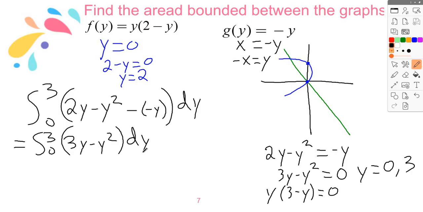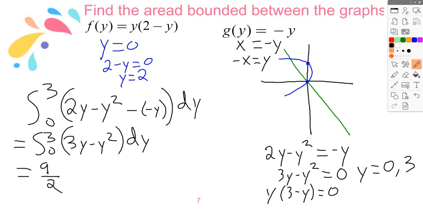Hopefully we're all okay with taking the antiderivative from that point, yes? And then plugging in 0 and 3. And if we do that, we should end up with 9 halves.